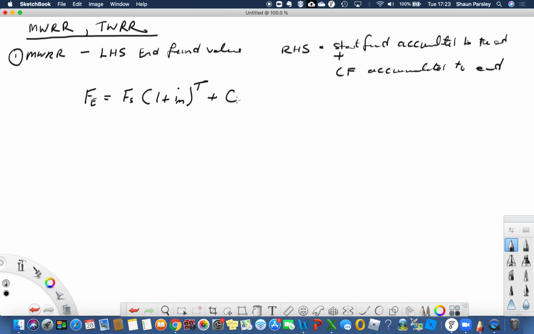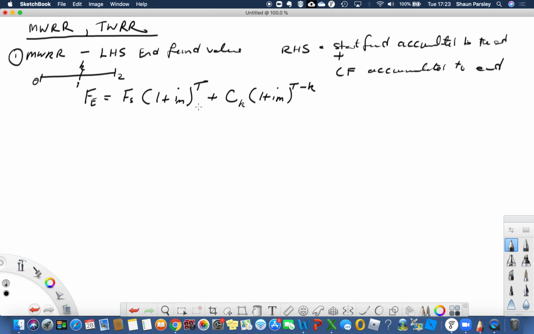plus cash flow, and I'll just put a k there, times 1 plus i_m again, to the power t minus k. So say the measurement period was 2 years, and this k is, say, a cash flow of 1 at time 1.